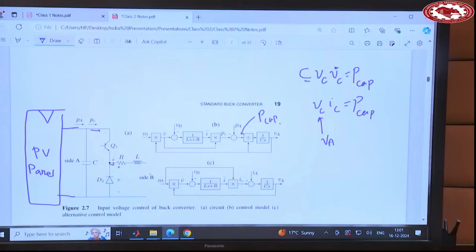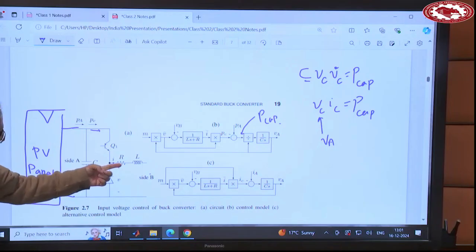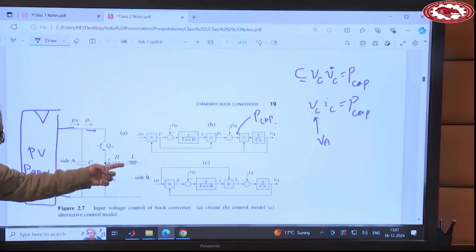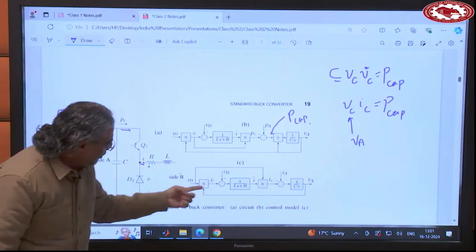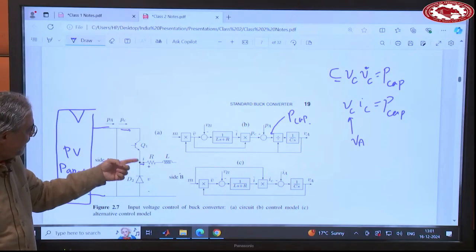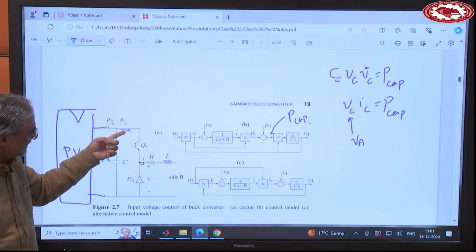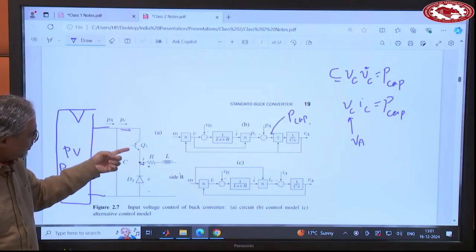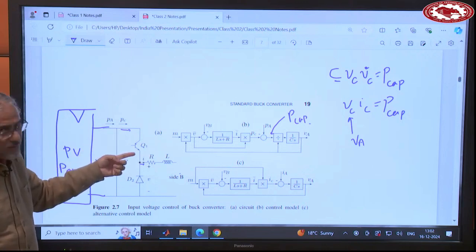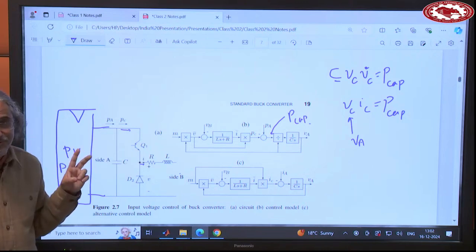For the current also you can derive this equation. So once you have I bar, that's the current flowing here, multiplied into M, I bar multiplied into M is the current flowing here. Because when the switch is on, this current is coming from here. So M or D represents the switching function now.